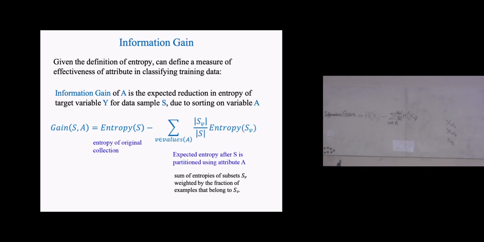Because you are essentially partitioning between the three possible values. In how many cases do you see the value V for A? Now remember, this partition is based on A. We are not partitioning with respect to X here, because this is given A, and A can have three different values.